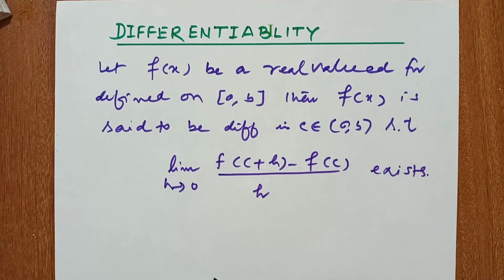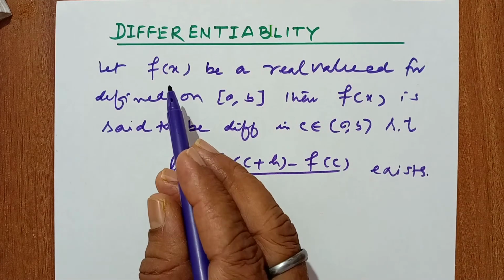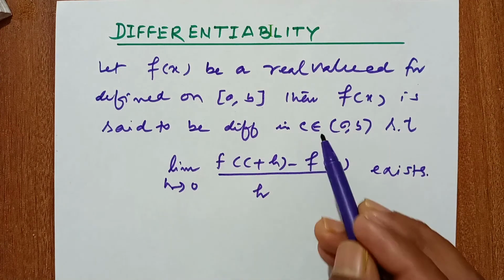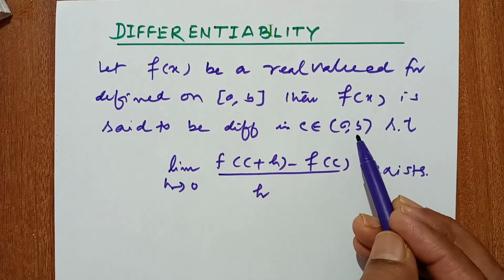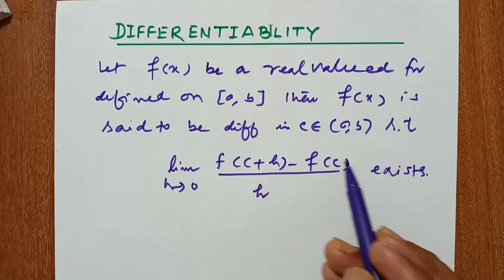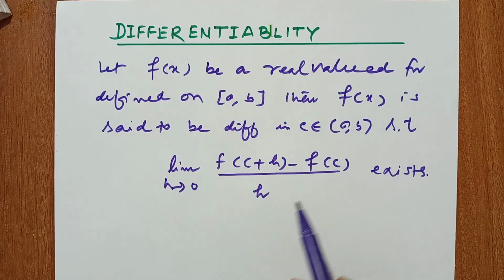It means a function f(x) is differentiable at point c, where c lies in the open interval (a, b), such that this limit exists. Then this function is differentiable.